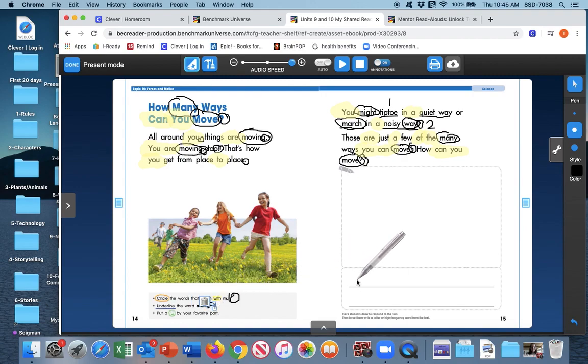And then we're going to write those words. So let's begin with can. You. We see that a lot in this story. The words can and you. Are. I think my writing is getting a little neater. I'm getting used to using this. To is not a sight word. Oops.